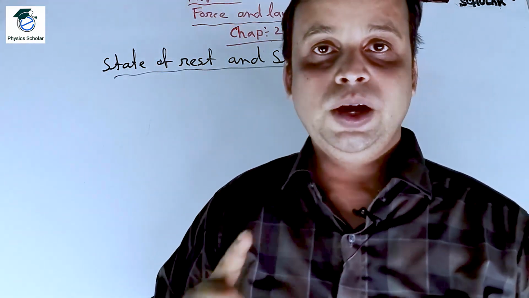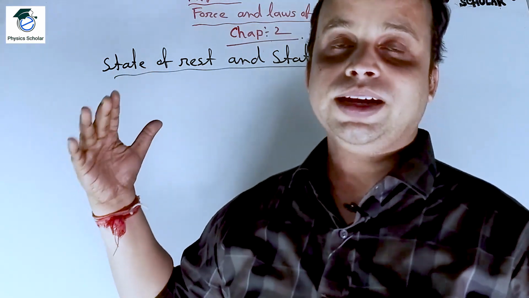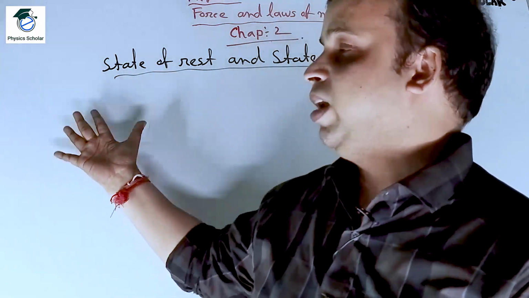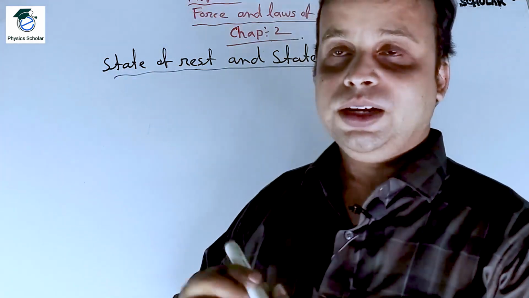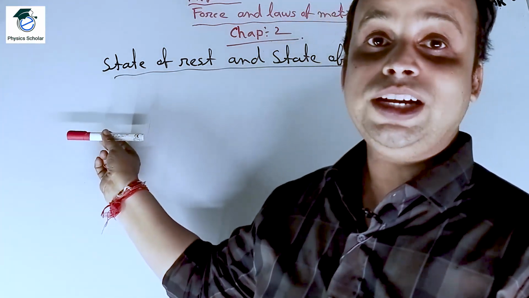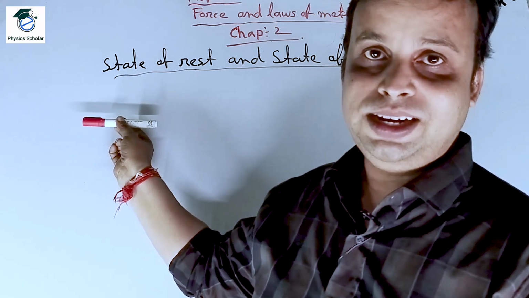Surroundings means I am here, the board is here, this scenario is here. So it will not change its position with respect to its surroundings. Then this is known as the state of rest.